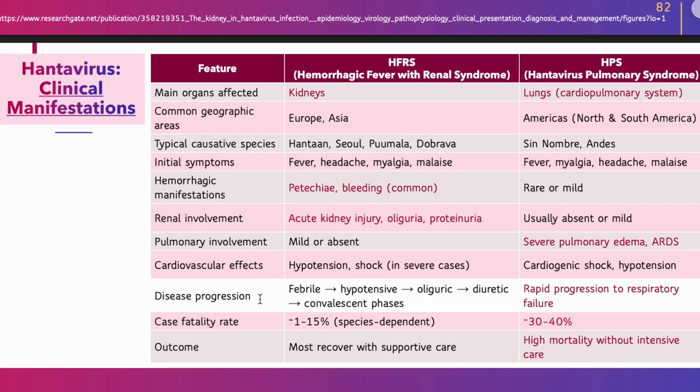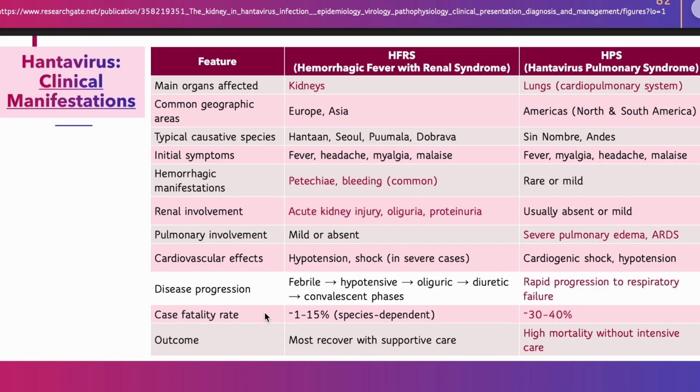For the clinical manifestation, there are two kinds of syndrome: HFRS, or hemorrhagic fever with renal syndrome, and hantavirus pulmonary syndrome, or HPS. The first one, HFRS, is not so severe, and most patients can recover by themselves with supportive care.